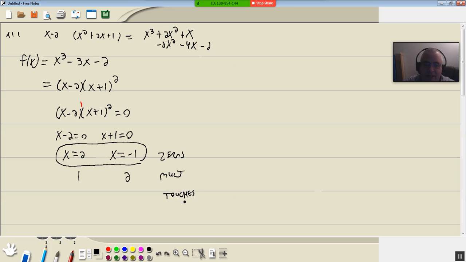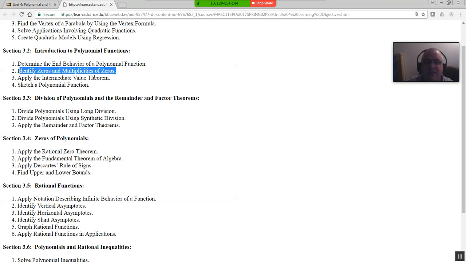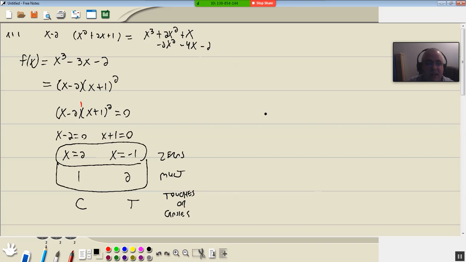And then a lot of books will ask you whether it touches or crosses the x-axis. If it's even, then it touches. If it's odd, it crosses. Now, this is what it's referring to in terms of multiplicity and the zeros. I don't see where it's asking us to identify touching and crossing.